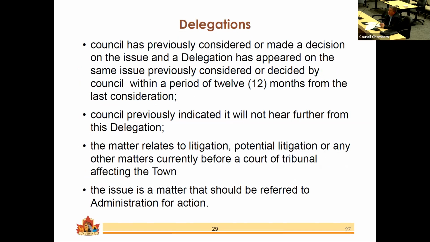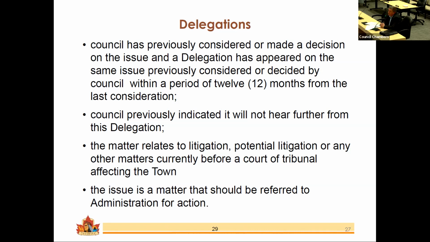Council may have previously considered that matter already, and according to the wording of the current bylaw, within a period of 12 months from the last consideration. And obviously, delegations can be denied for litigation or potential litigation matters.